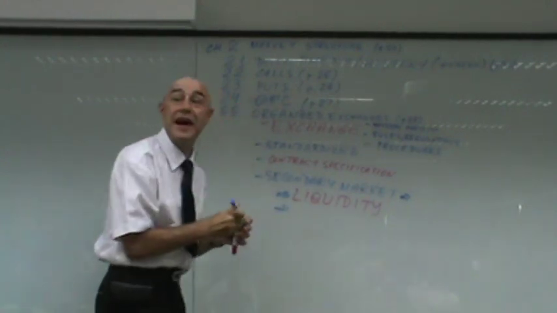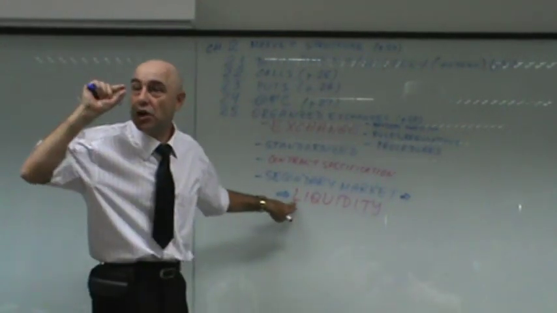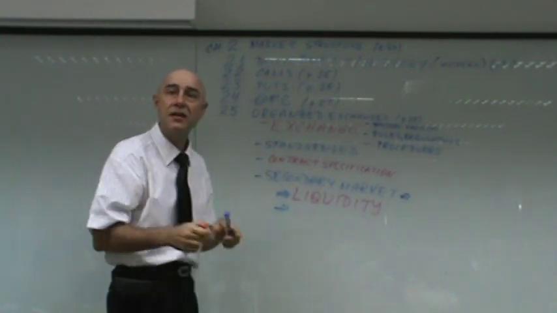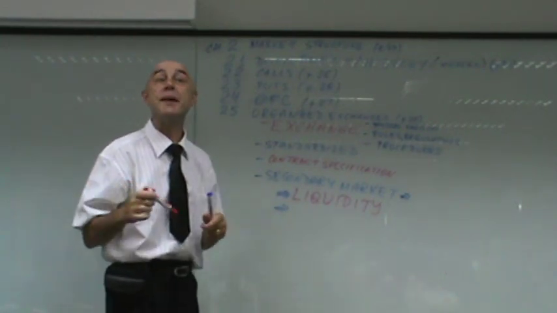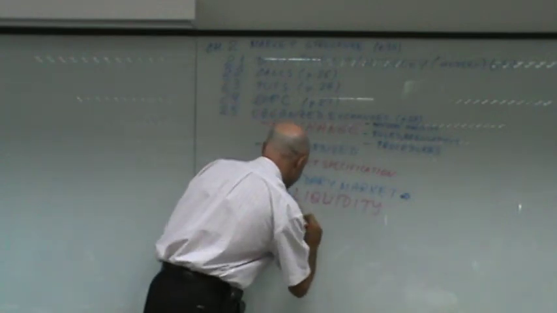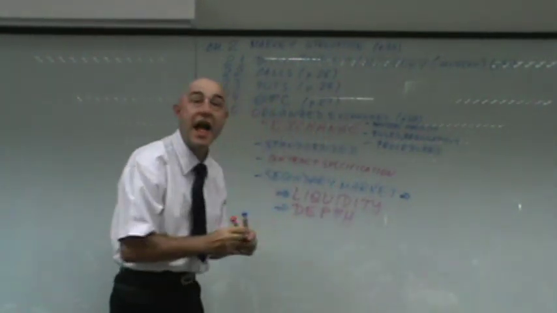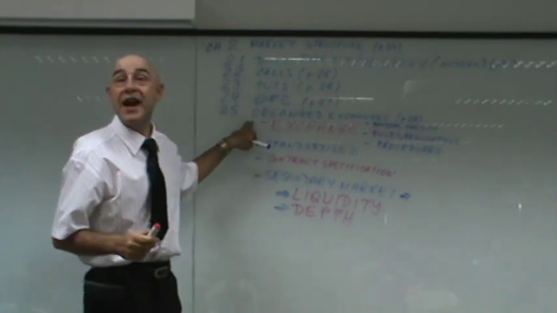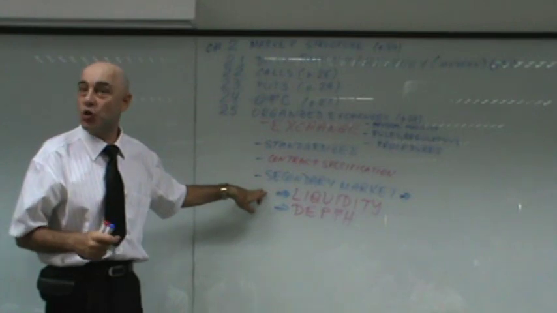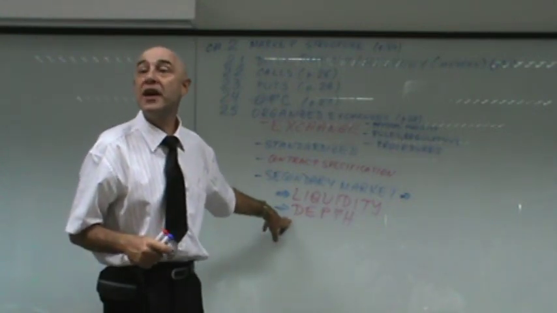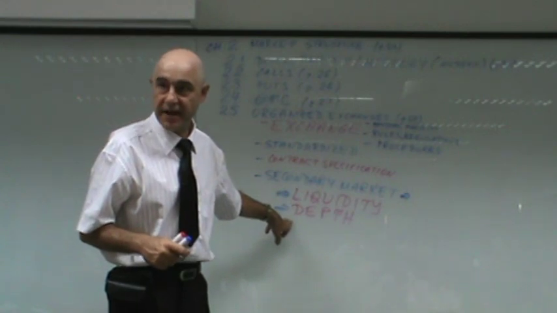So, liquidity tells you you can get close to the market price. And the volume is called depth. And the organized exchange, the options exchange, provides liquidity, excellent liquidity, and good depth. Okay?